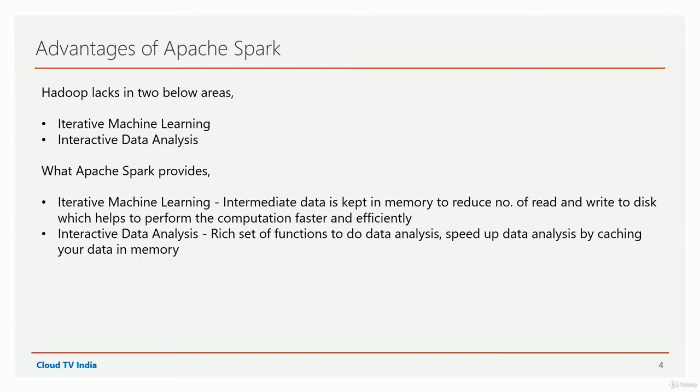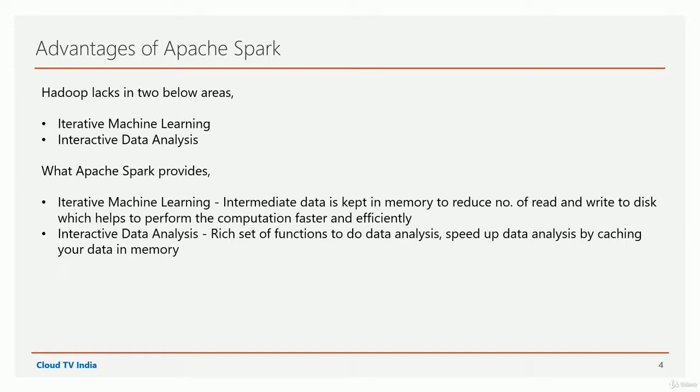If you have multiple jobs or multiple iterations, you need to create that many jobs, and write those intermediate data to disk and read them back. So there will be a lot of IO operations needed. That's one area where Hadoop is lacking.